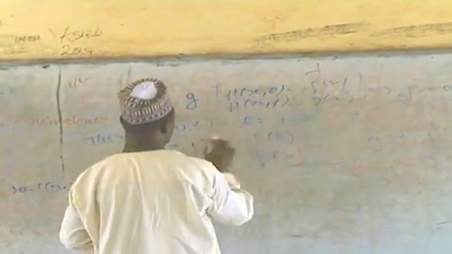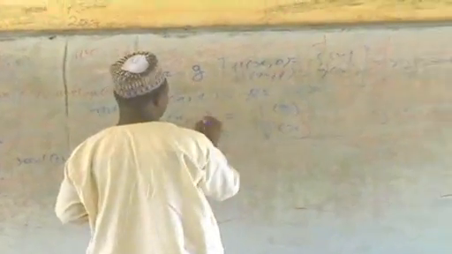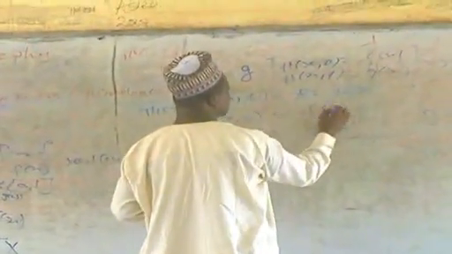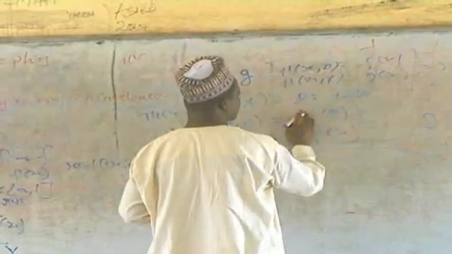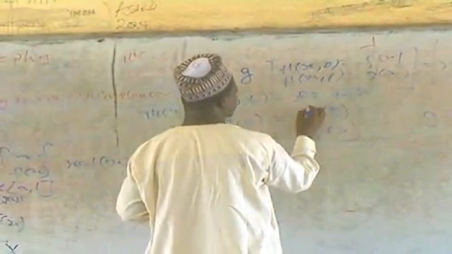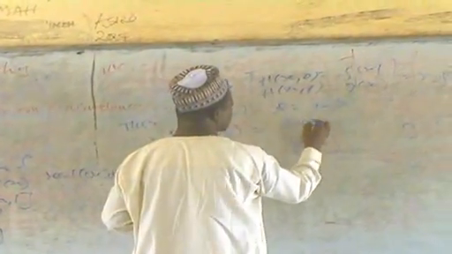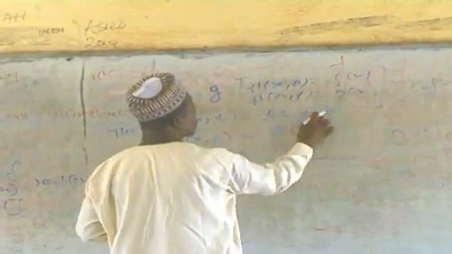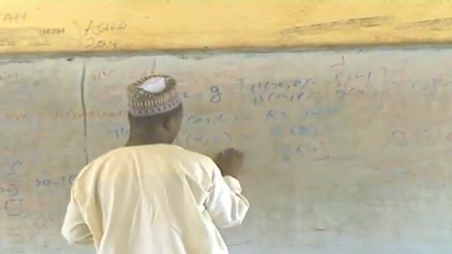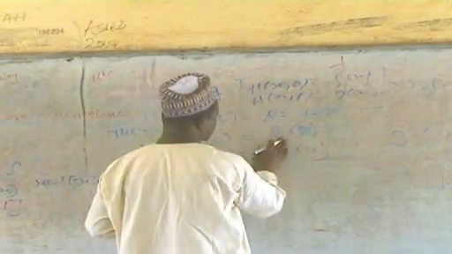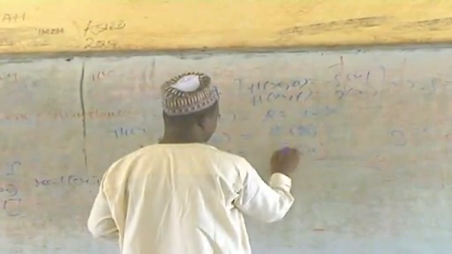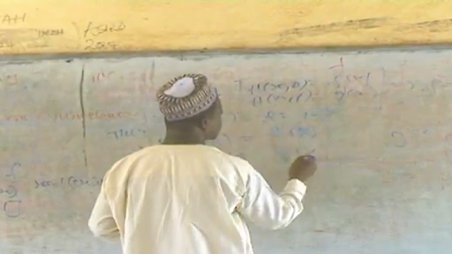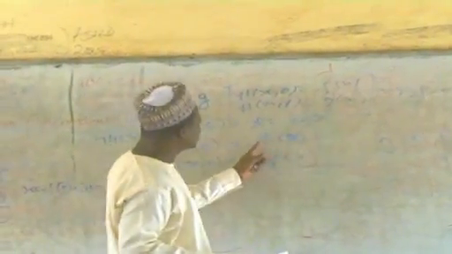And h of x,0 is f of x. If you compare this, you see it as a reverse.